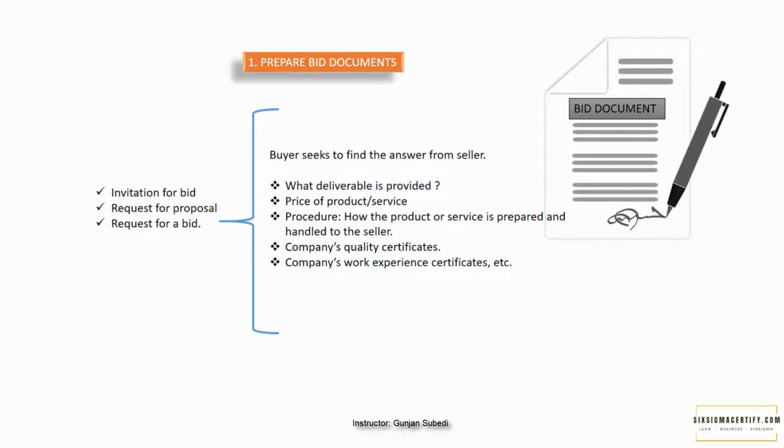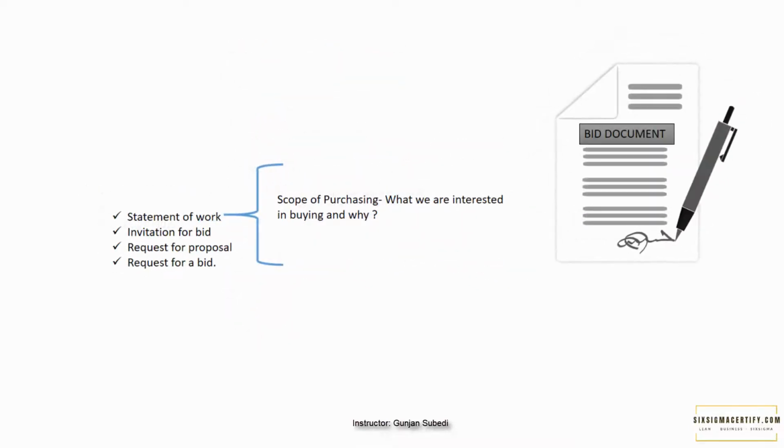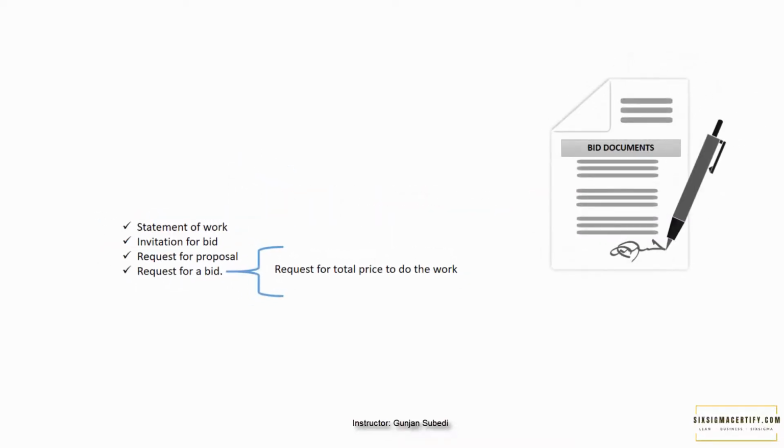It may also ask for the company's or seller's quality certifications and work experience certificates, etc. The statement of work is the scope of purchasing, what we are interested in buying and why. The request for bid is the request for the total price to do the work. Several sellers are sent the request for quotation or bid and the best is selected, so we need this document.